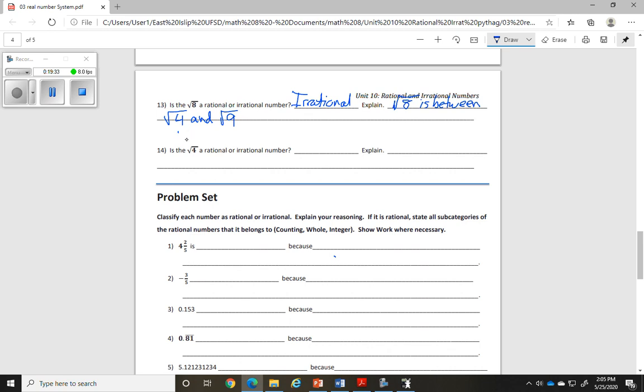The square root of 4 is 2, and the square root of 9 is 3. So the square root of 8 is between the whole numbers 2 and 3. The decimal is non-repeating, non-terminating.